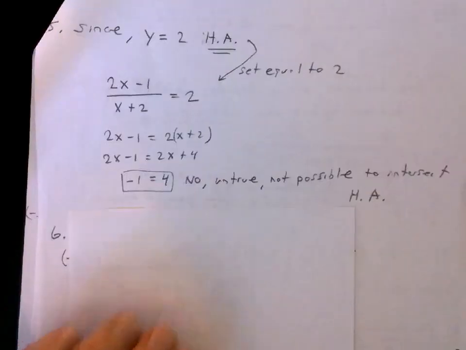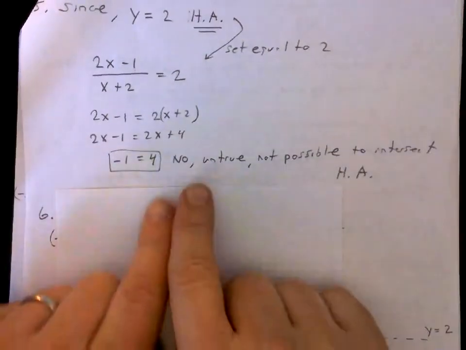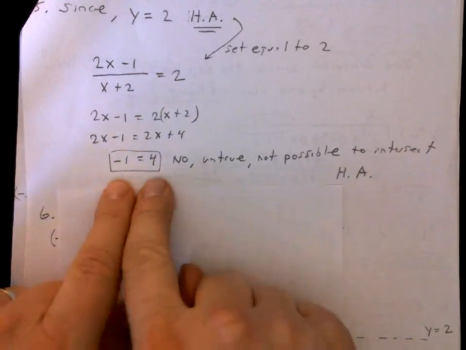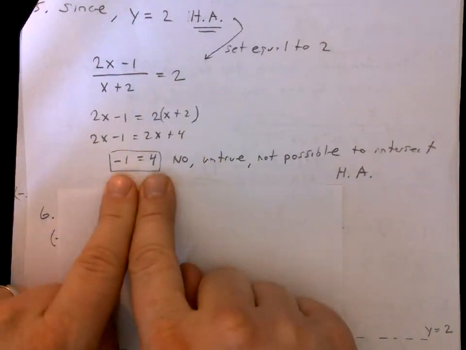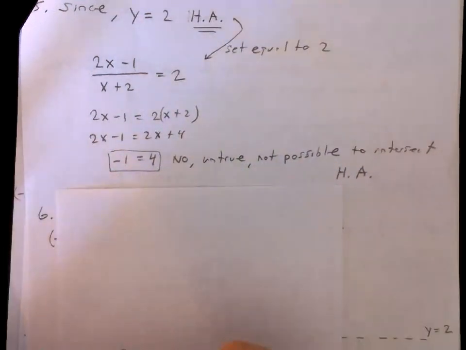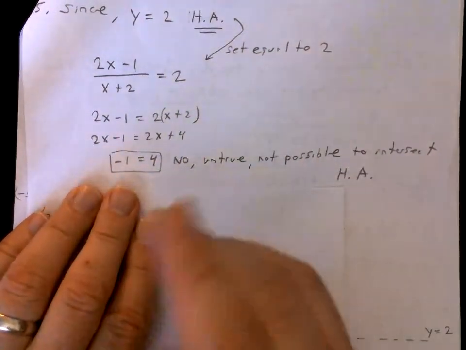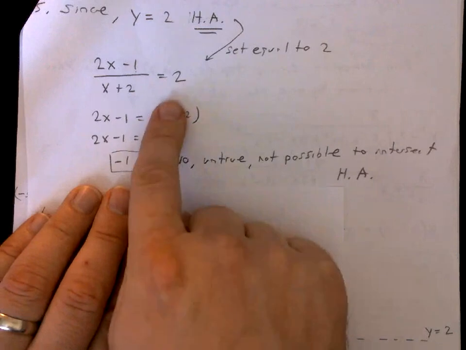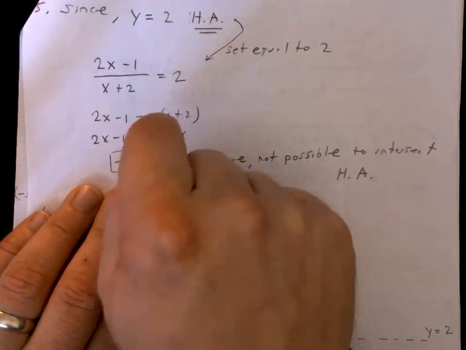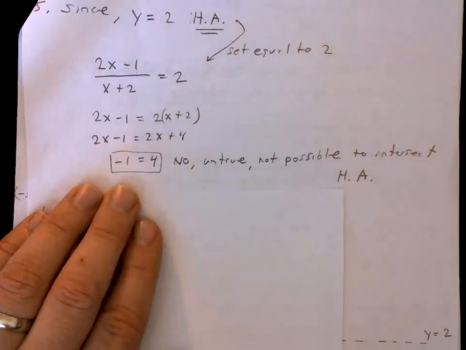And what's going to happen is, oh boy, look what happens. No, untrue, not possible. They do not intersect. -1 does not equal 4. So all your x's disappeared. That's kind of what you're looking for, because that tells you that your graph does not touch your horizontal asymptote at 2 at all.